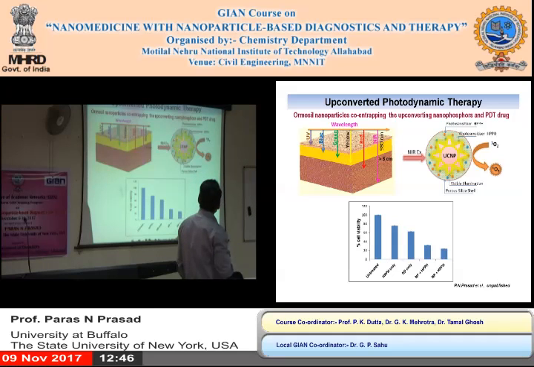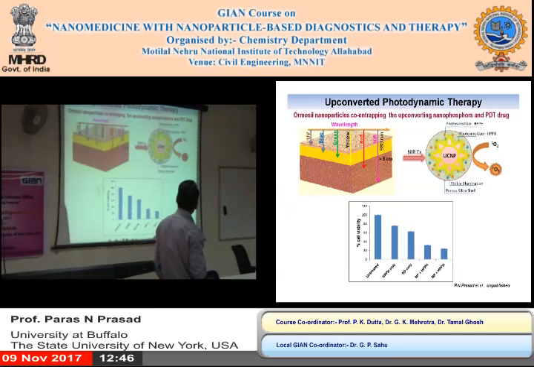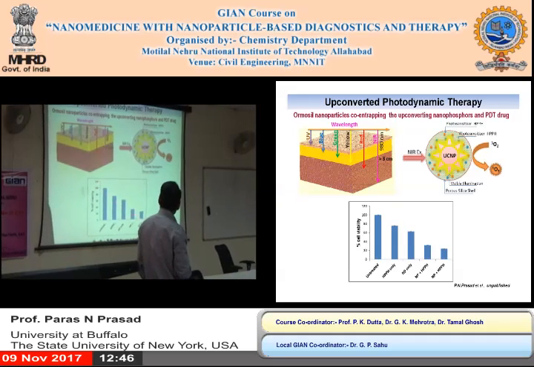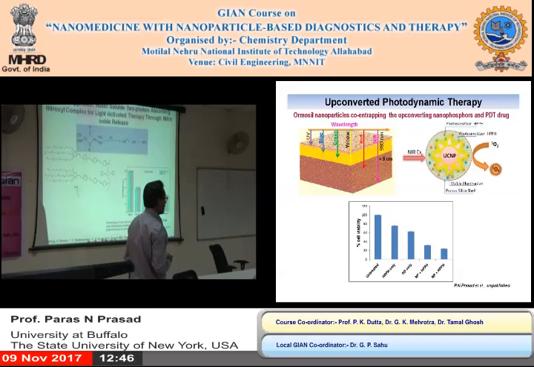So the first step is absorption by the upconversion nanoparticle, then absorption by the photosensitizer, and the photosensitizer transfers energy to triplet oxygen to generate singlet oxygen. We showed that indeed we can kill cancer cells very rapidly.